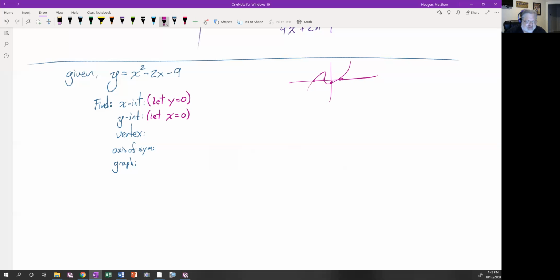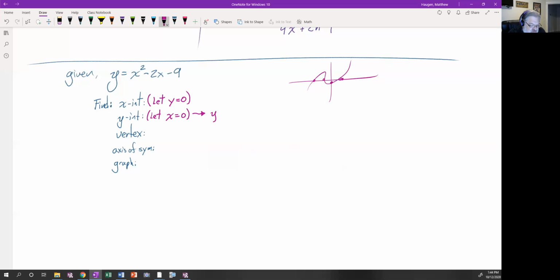So as we go on to higher degree polynomials and exponential functions, linear functions, logarithmic functions, these are guidelines that never go away. To find x-intercepts, let your y equal 0. To find y-intercepts, let your x equal 0. Y-intercepts are usually easier to find because we're often already set equal to y.